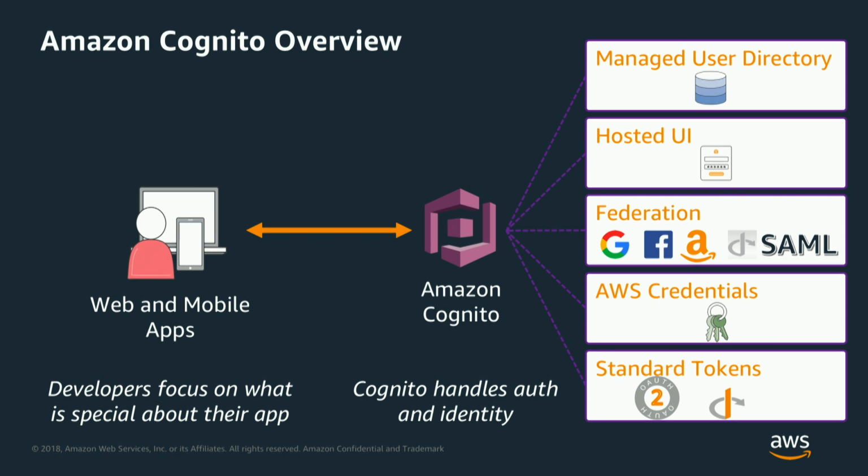You can use it as part of the hosted UI, or you can federate to other web applications as well as common cloud services like Google, Amazon, Facebook, or any SAML-aware service. Of course, you can federate to your AWS credentials, and it supports both OAuth as well as SAML tokens, like I said earlier.